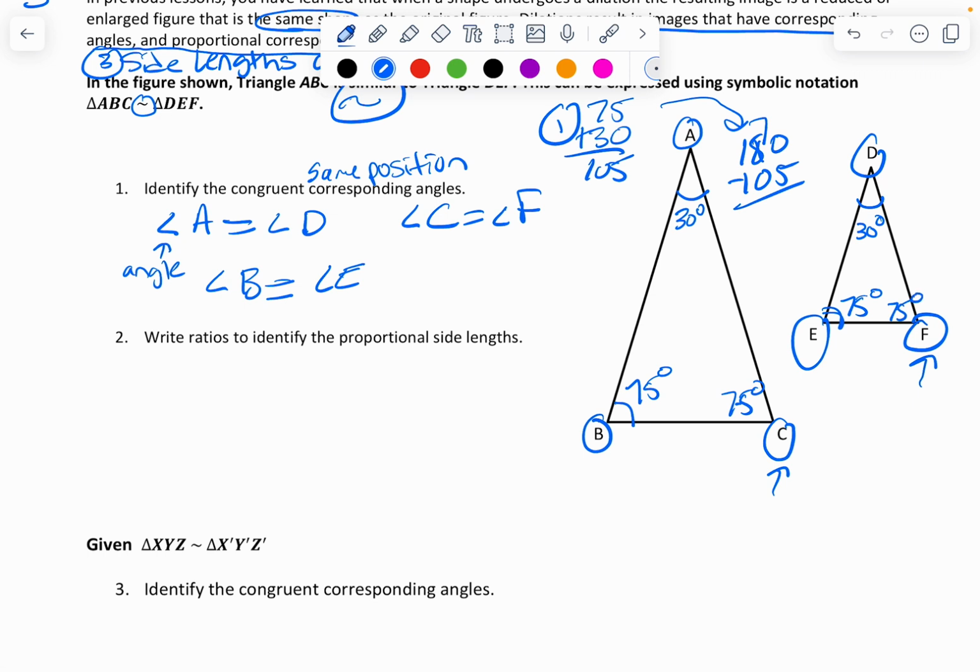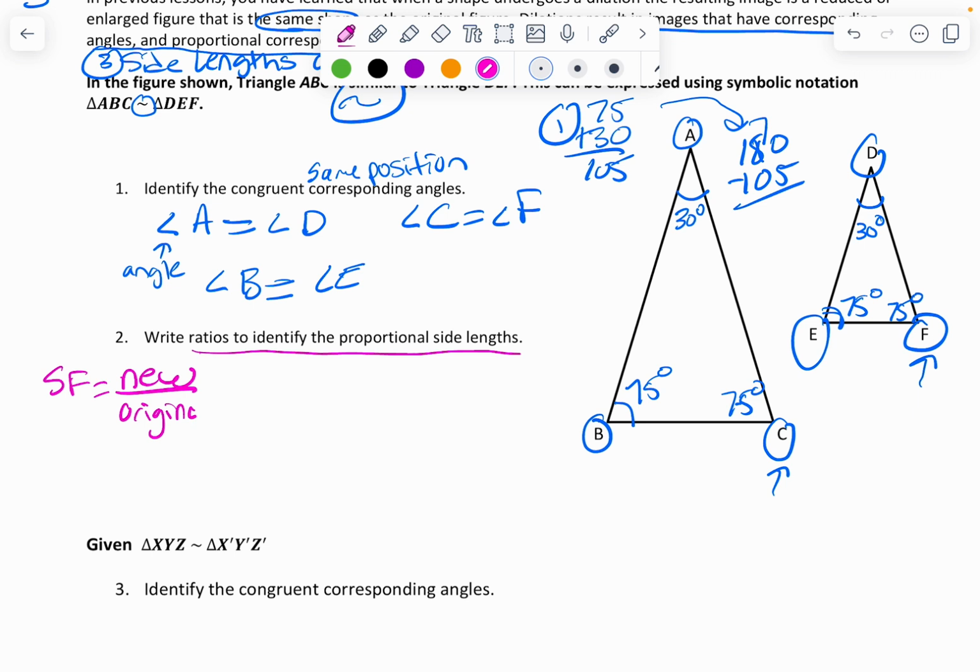All right, proportional side lengths. For this one, I'm going to use a color because I need to make sure you're seeing what ratios are proportional side lengths. Essentially, remember, your scale factor is equal to new over original. So I have to say, what corresponds to AB? This is my original shape, DE, my original side length.